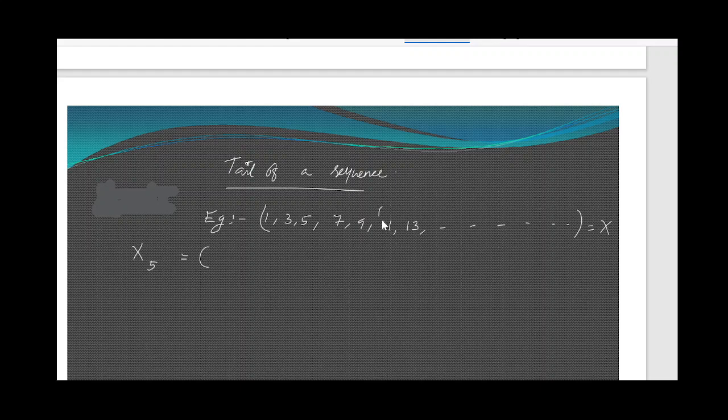So start from here. From here onwards, what you are getting? So you're getting 11, 13, next element should be 15, etc. Right? Now this is called the fifth tail. So two tail means 1, 2, then it will start from 5, 7, 9, etc. Can you follow now? So m tail means the sequence after the mth stage onwards.